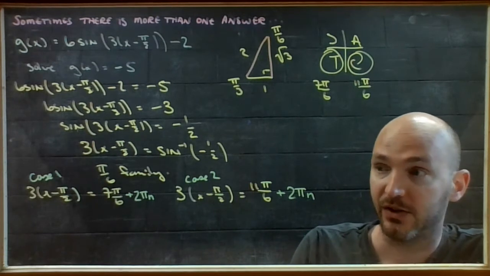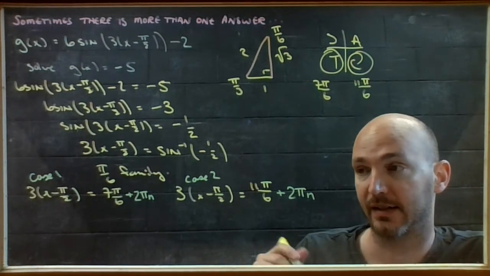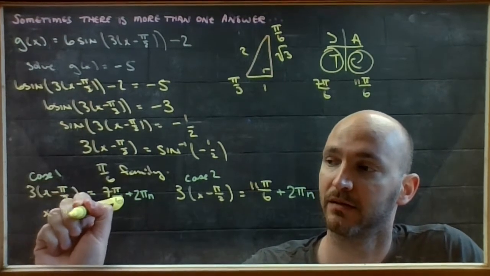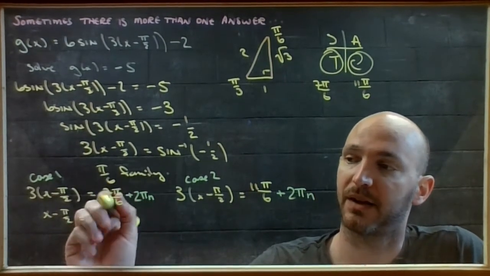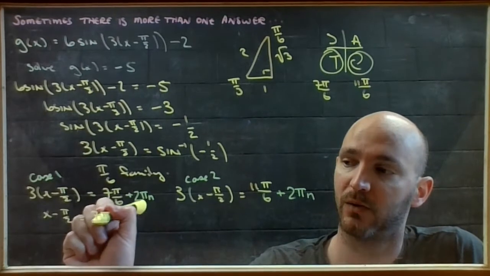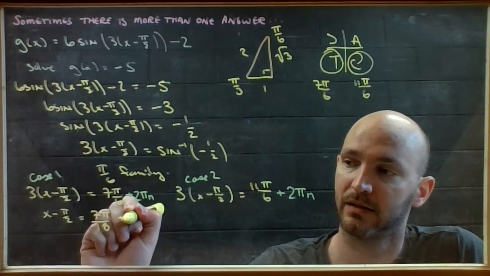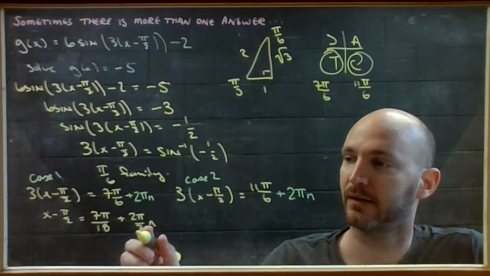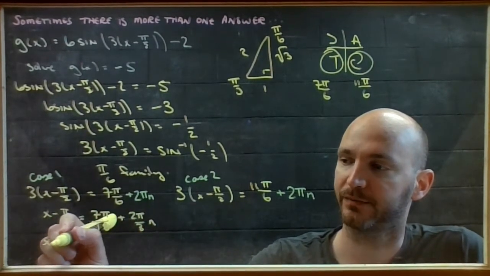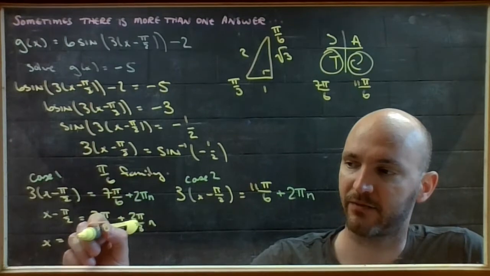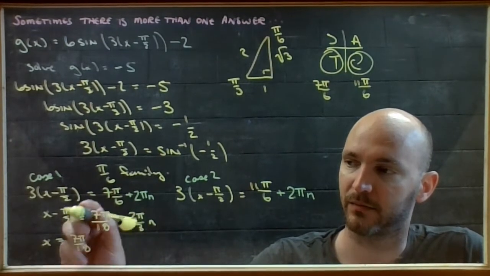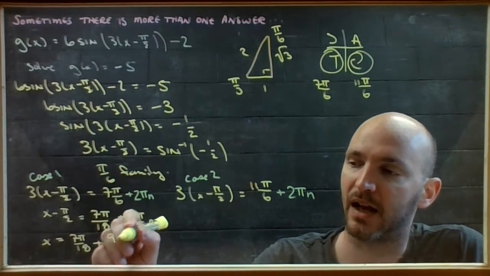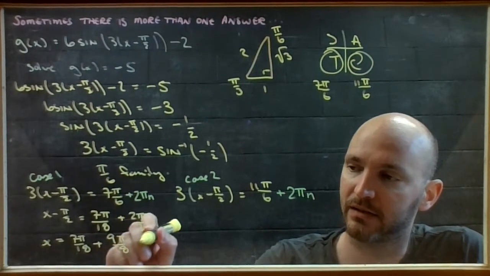I'm not finished. I don't have it saying x yet, so I have to divide both sides by 3. This divided by 3 would be 7 pi over 18, and this would be 2 pi over 3 n. Kick the half over, be 7 pi over 18 plus pi over 2, which is the same as 9 pi's over 18.